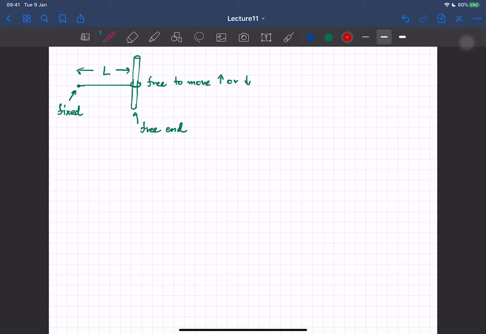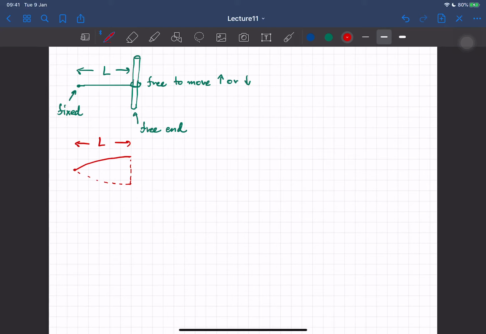The fundamental frequency, which is the longest wavelength that we can have in this system, is going to look like this. This is the whole length of the string, and because this end is free, we allow it to oscillate up and down like this.